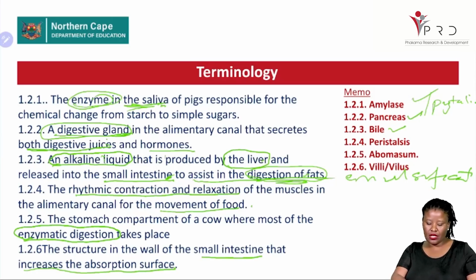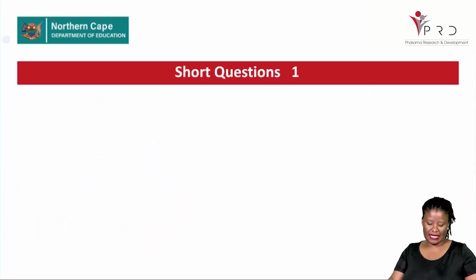That rhythmic contraction and relaxation of muscles in the alimentary canal for the movement of food is peristalsis. The stomach compartment of a cow where most of the enzymatic digestion takes place is the liquid stomach, which is the abomasum. The structure in the wall of the small intestine that increases the absorption, we refer to as villi, or villus.